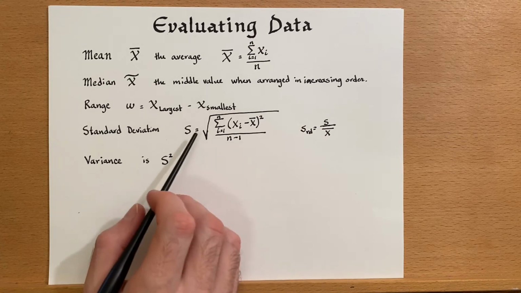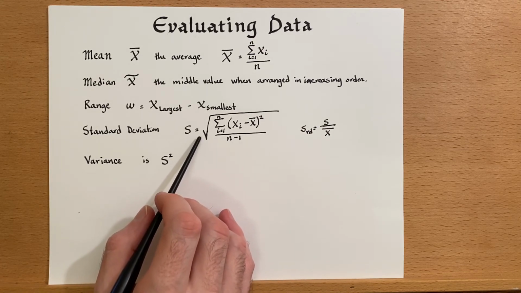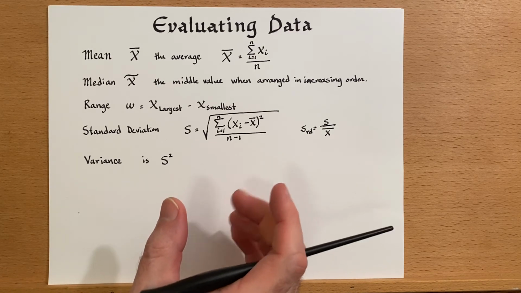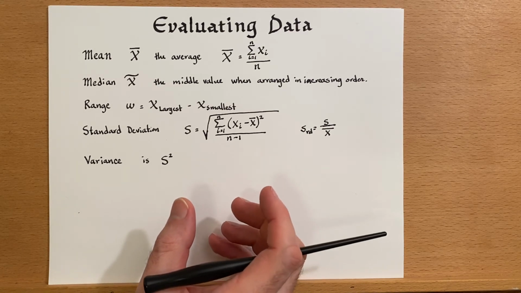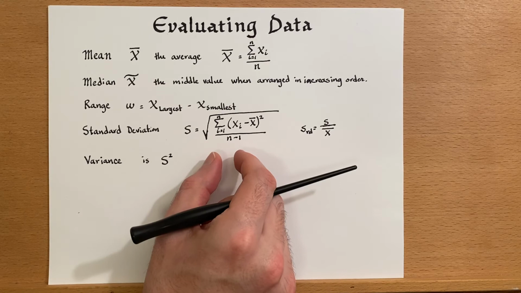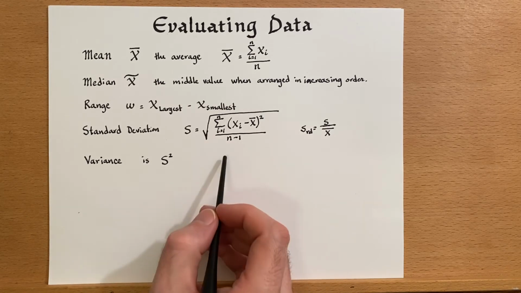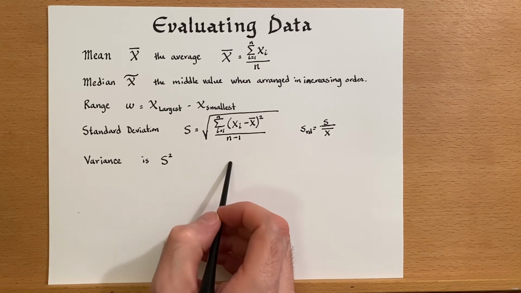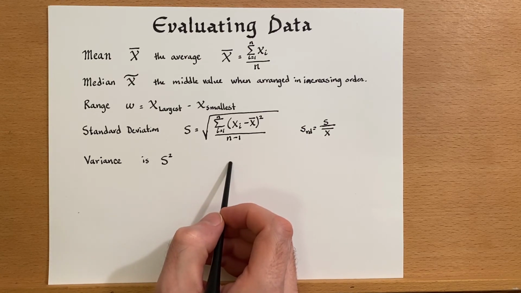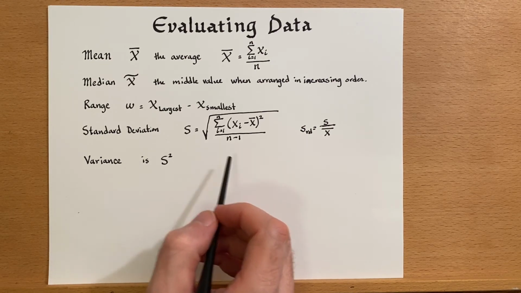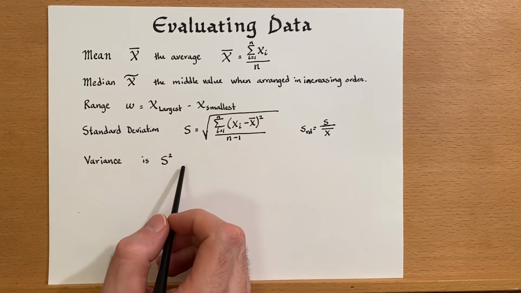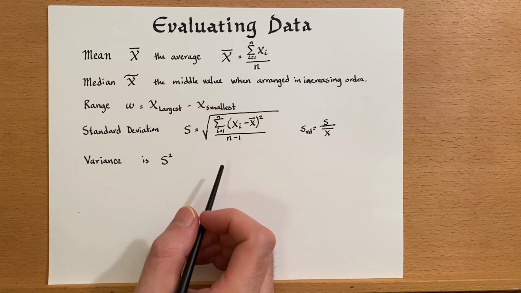Now, the advantage of standard deviation, and what it actually measures, is how spread apart the data are. So if we have a nice small cluster of data points, just maybe right in this little small area, then it would have a low standard deviation. But if we had our data points spread far apart, then it would have a high standard deviation.